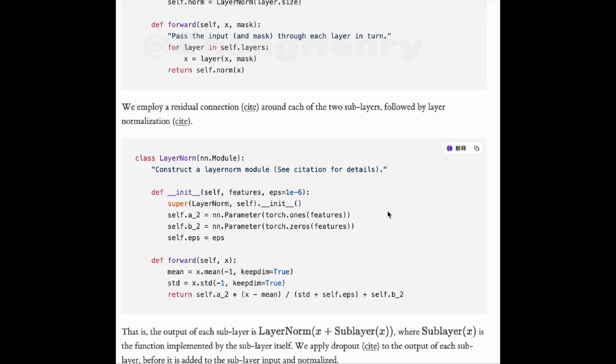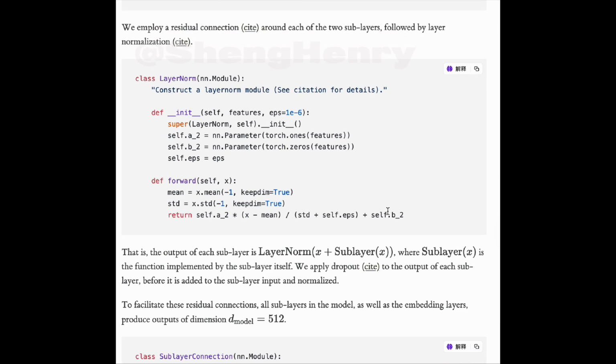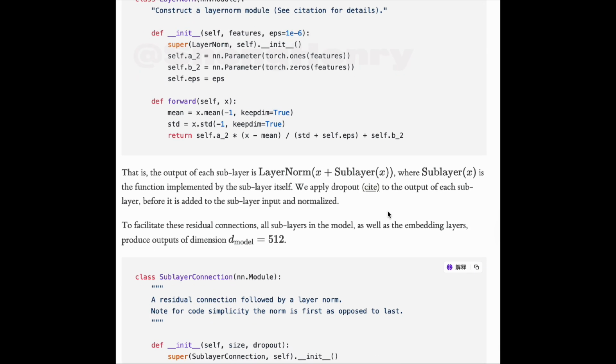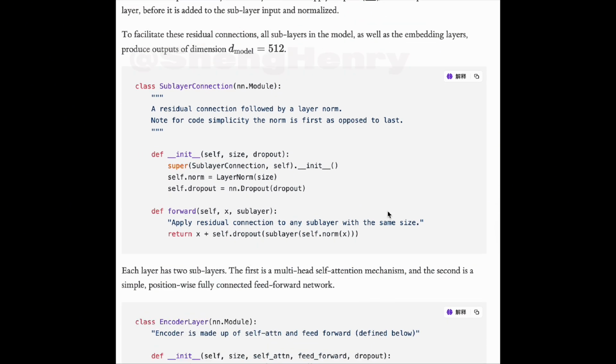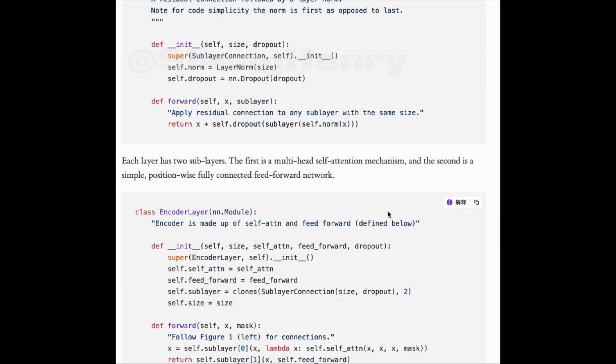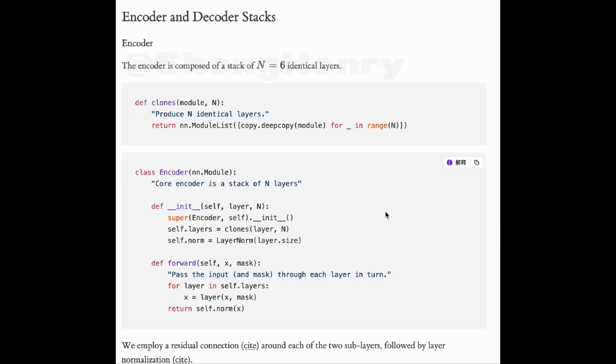The decoder generates the output sequence based on the encoder's representation and previously generated symbols. It includes an additional attention layer that attends to the encoder's output, allowing it to incorporate information from both previous outputs and input representations.